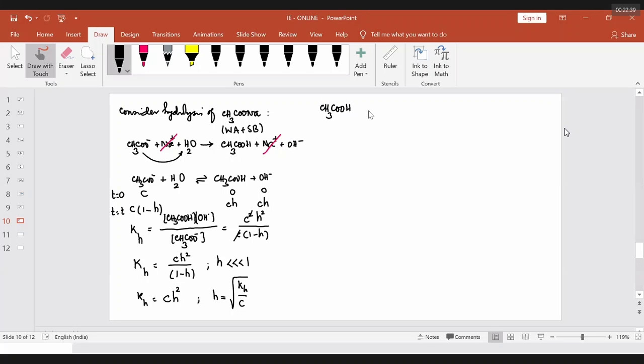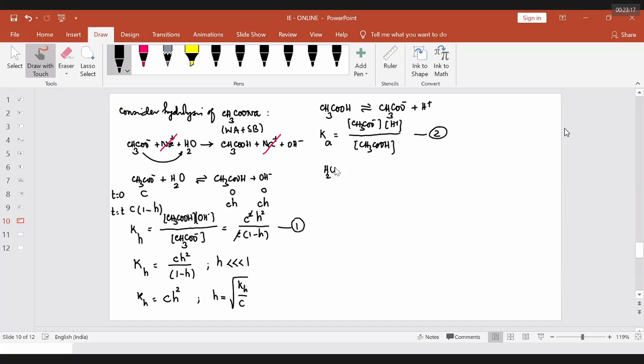Being a weak electrolyte, it will undergo ionization, CH3COO minus and H plus. For this, we can write Ka. Ka is equal to concentration of acetate ion into concentration of H plus ion by concentration of acetic acid. This is equation number 1. This is equation number 2. I am trying to relate this part of the equation. Sir, there is one more weak electrolyte in the container.